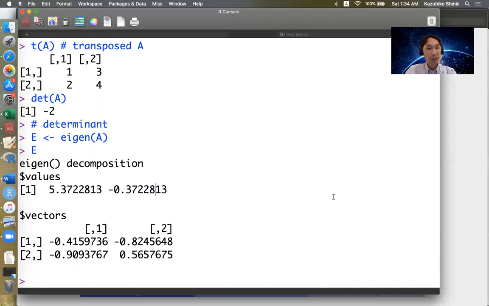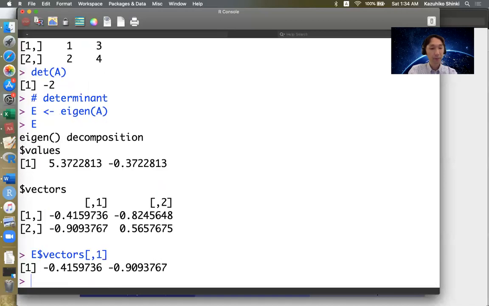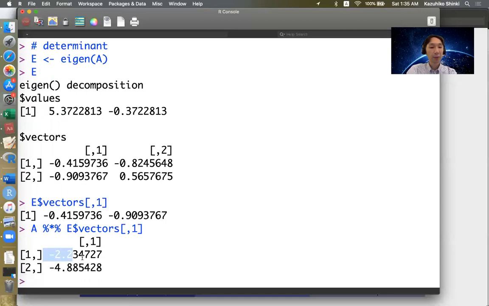Okay, so let's double check that this column vector is really an eigenvector. We extract this first column, E$vectors first column. Okay, so this is the first column, and we multiply the matrix A from the left-hand side. Then this becomes negative 2.23.